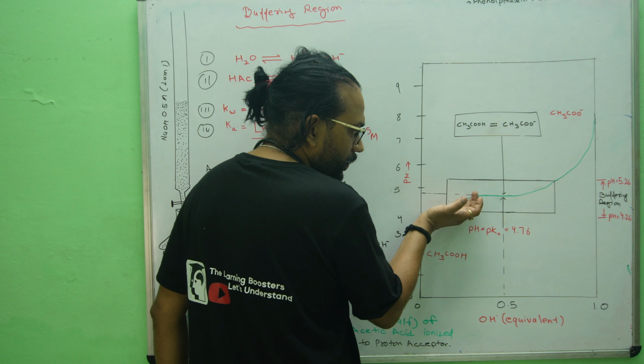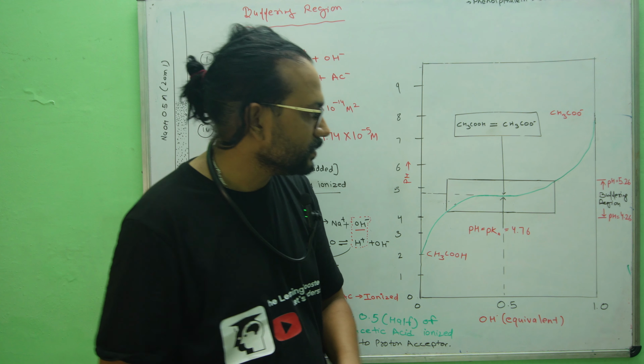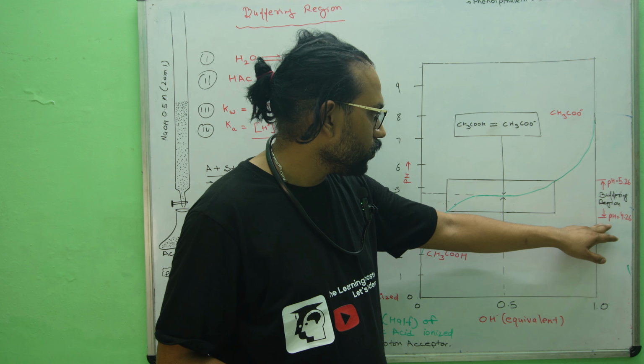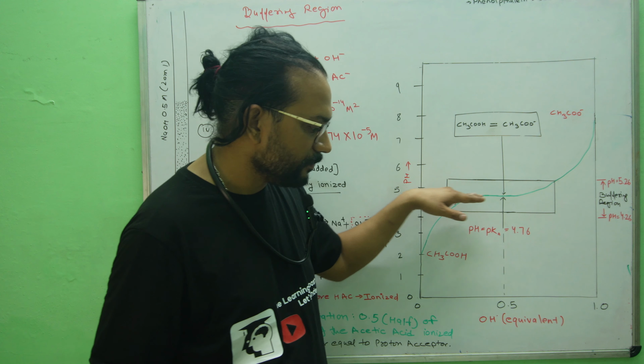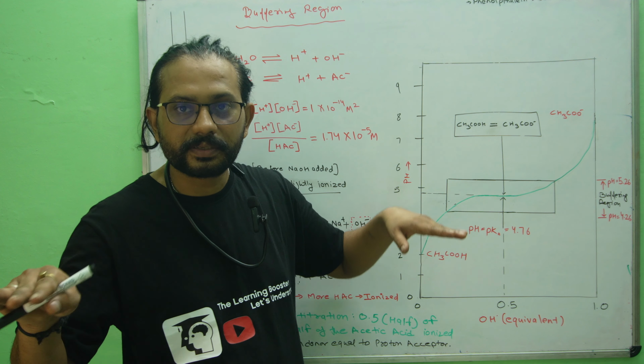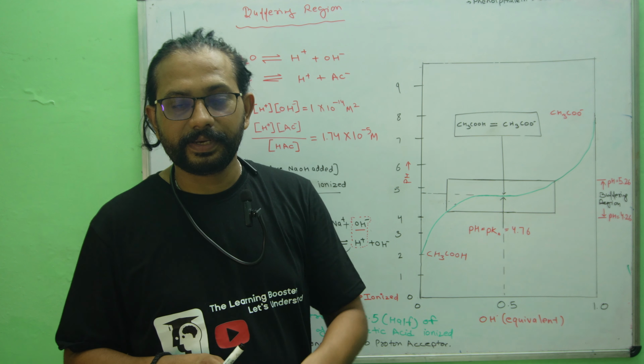When the flattening of the curve starts, we call it the buffering region. The buffering region runs from about 4.26 to 5.26, and that area of flattening is called a buffering region.